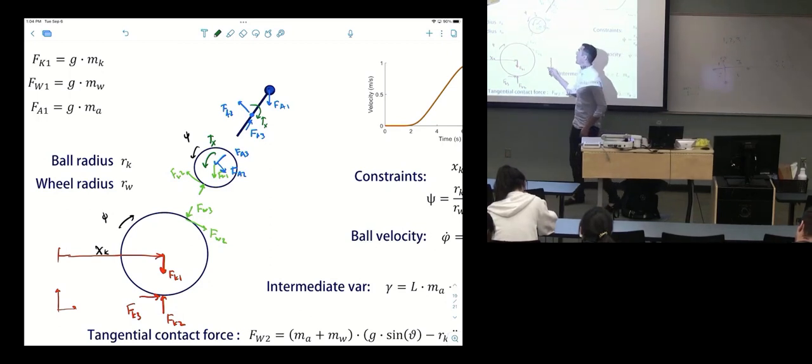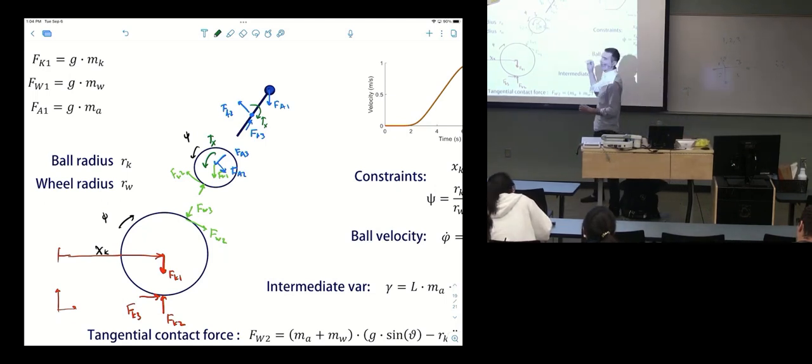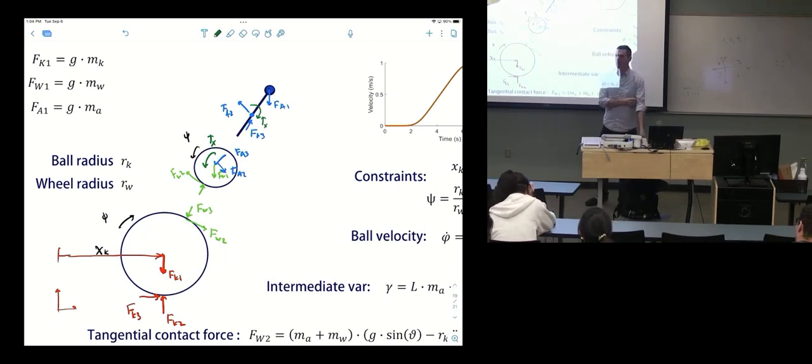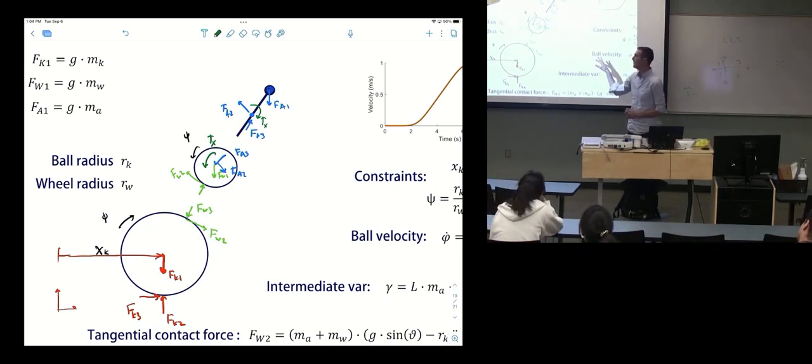So we have a bunch of forces acting on this. Which forces do we care about? Well, remember, what are we trying to get right now? Motor torque. Where's the motor in this system? On the wheel, so Tx acting on the wheel.